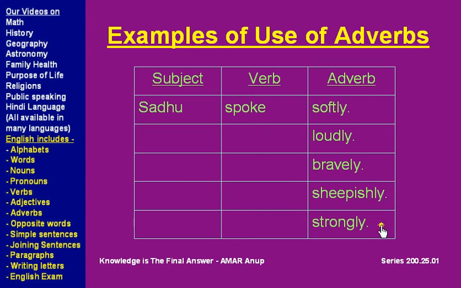So all these words describe how Sadhu spoke, and in the absence of these we will never know how Sadhu spoke. But once the word is added after the verb, we know exactly, we can make a mental picture of how Sadhu was speaking.